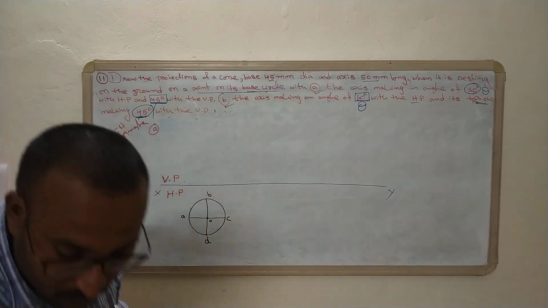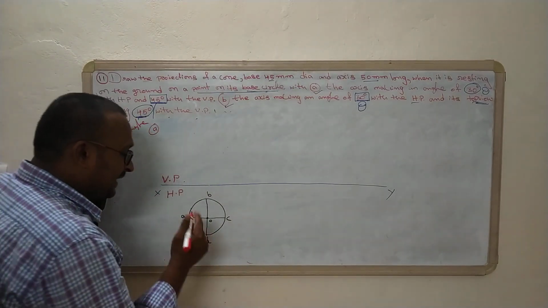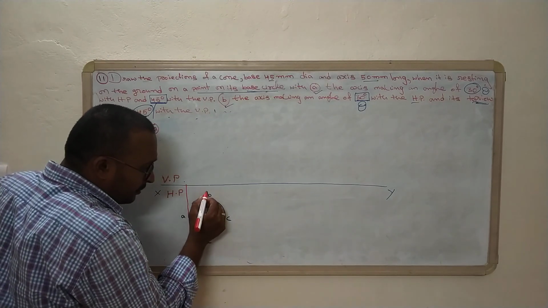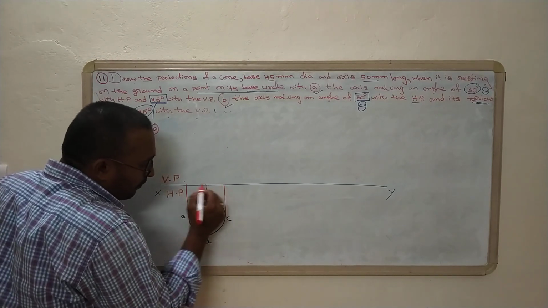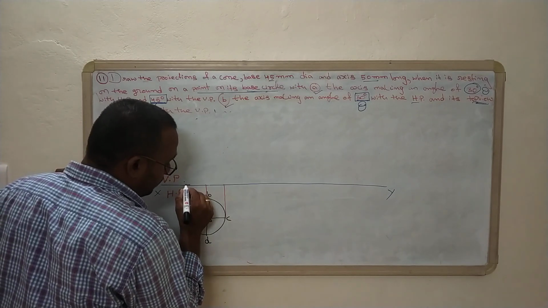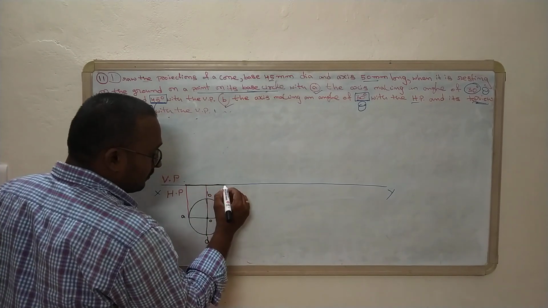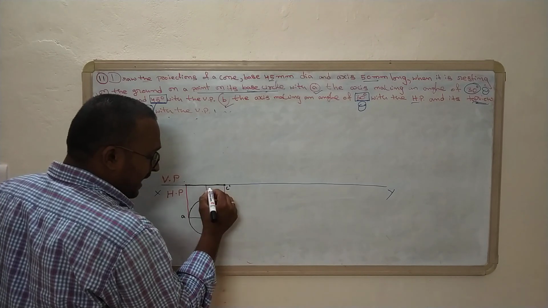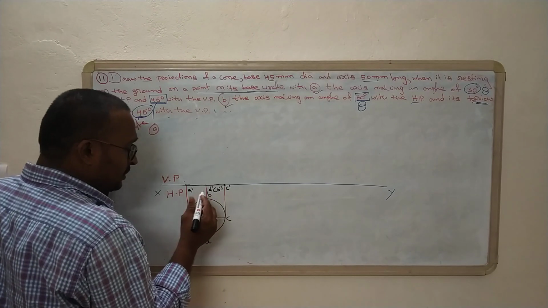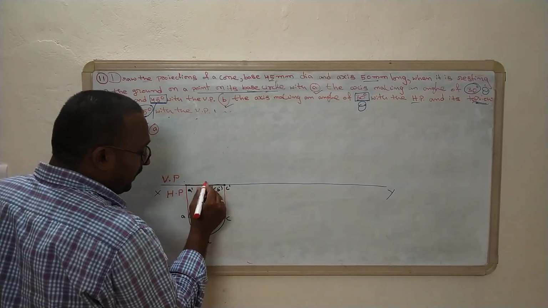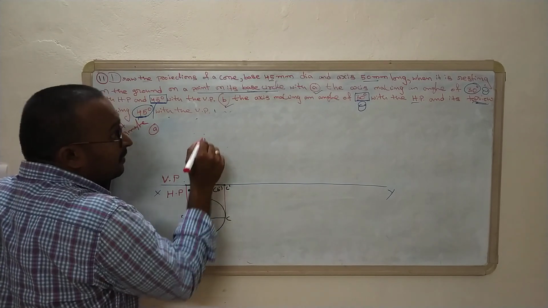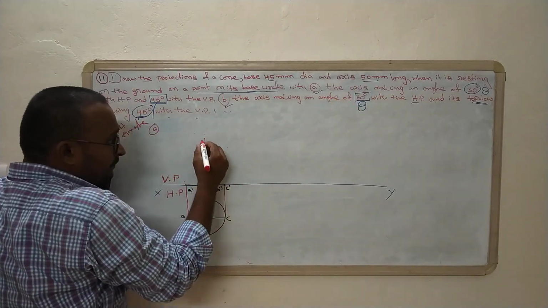Then you need to erect the front view by projecting the top view points. Here this is the base point. Here it is C dash, D dash, B dash, A dash, and then the center axis could be about 50 mm long.